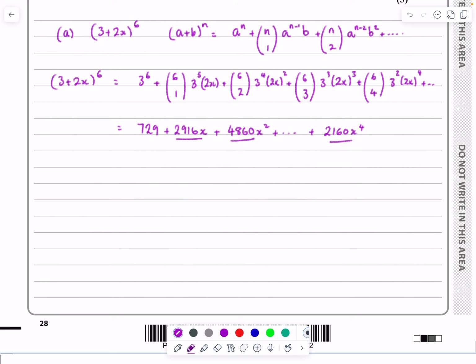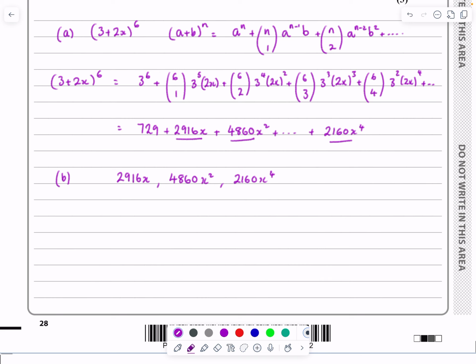So if I'm going to do that then, part B, we're saying that 2916x followed by 4860x^2 followed by 2160x^4, we know that those ones are all going to be in a geometric series.